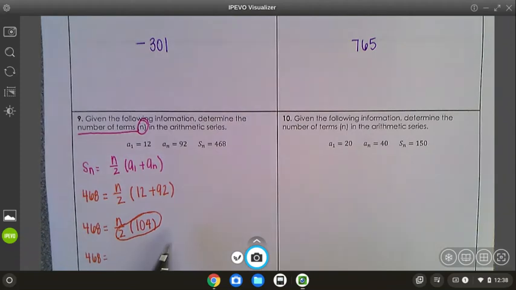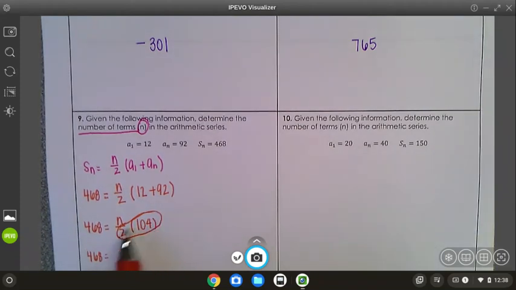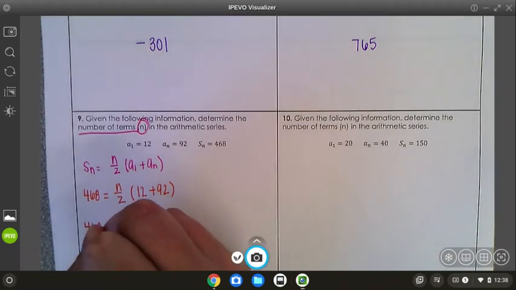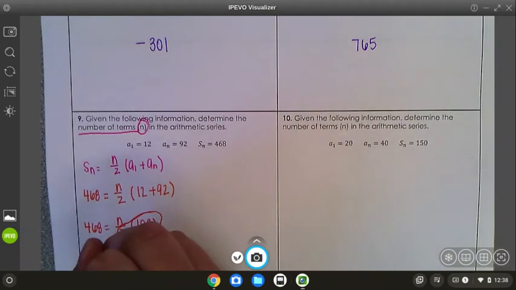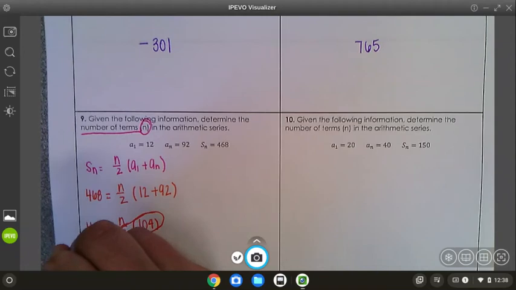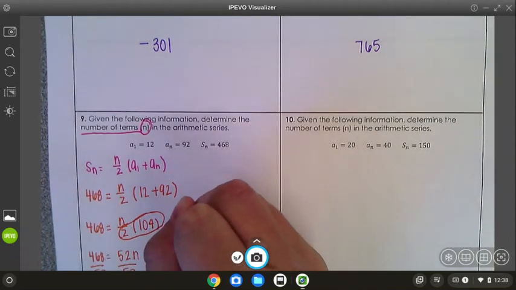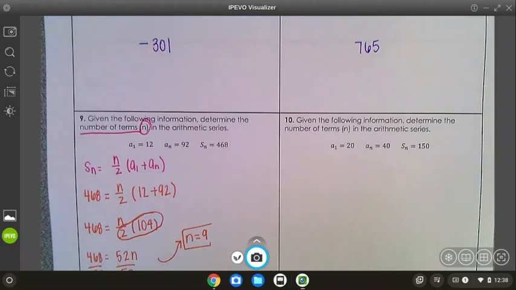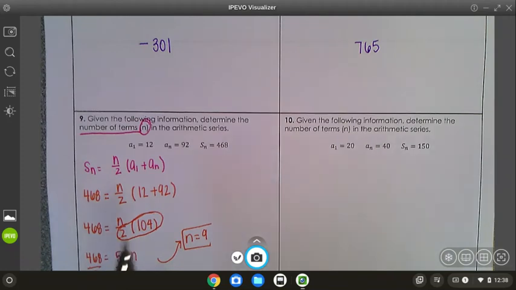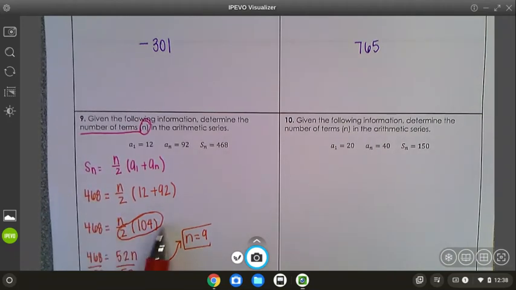That's just kind of the way the math works. This is the same thing as having 104 over 2, which is 52. So this is really 52n. And then if we divide both sides by 52, we get n equals 9. You could have divided both sides by 104 and then turned around and multiplied by 2. That would have worked as well.